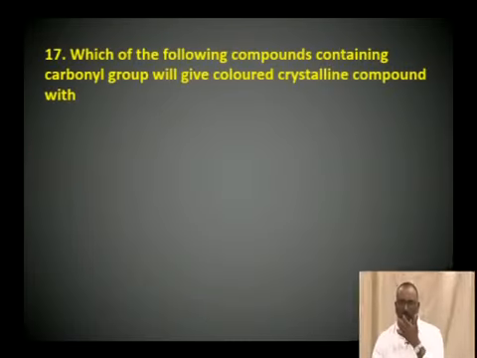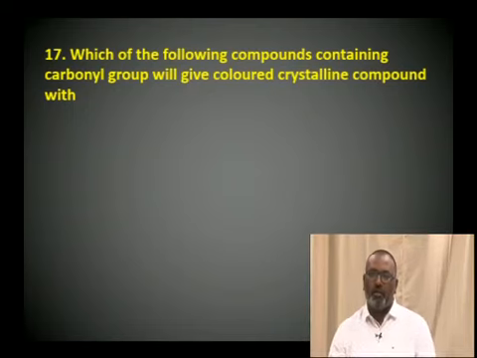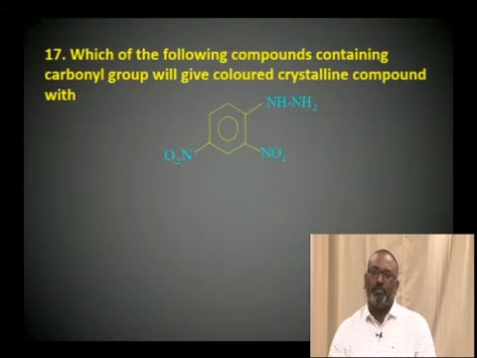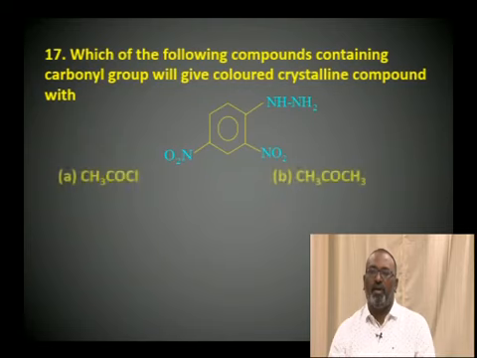Which of the following compounds containing a carbonyl group will give a colored crystalline compound with 2,4-dinitrophenylhydrazine, the structure given here?